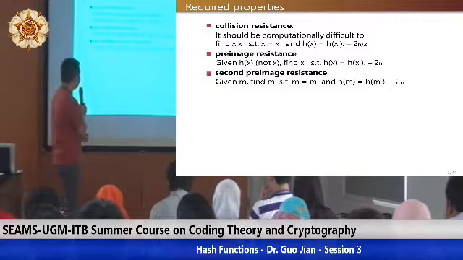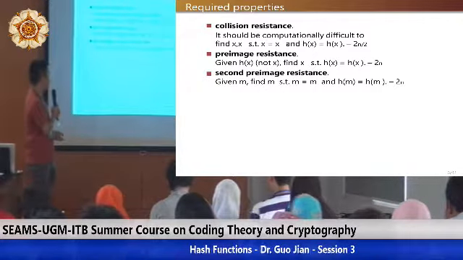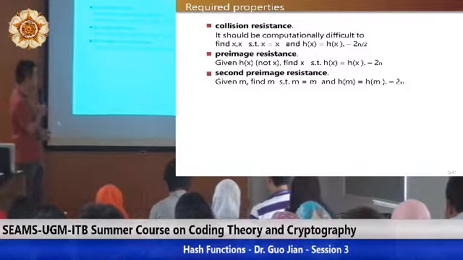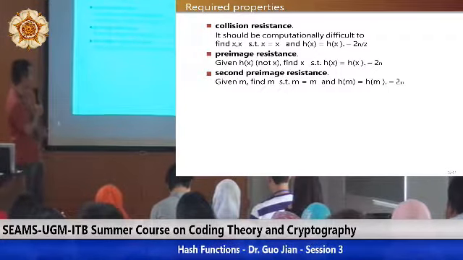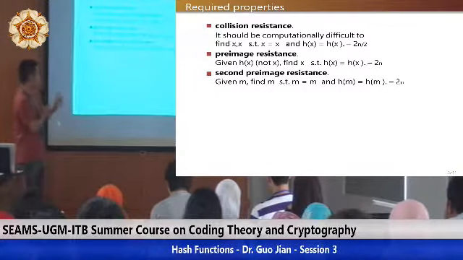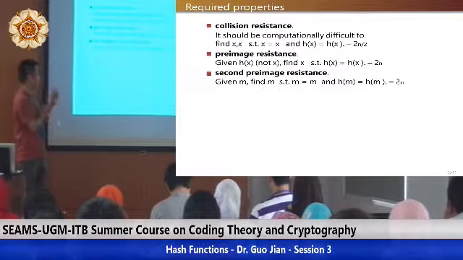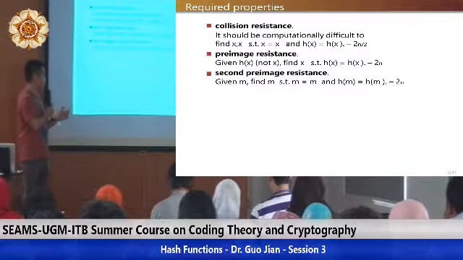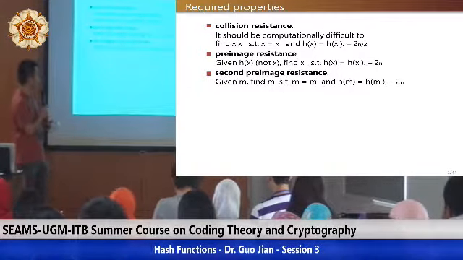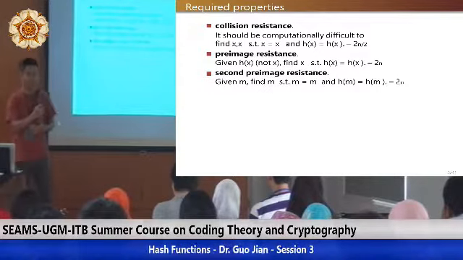Collision resistance is defined as: it should be computationally difficult to find x and x prime such that x is not equal to x prime, and yet the digest or the outputs are the same.